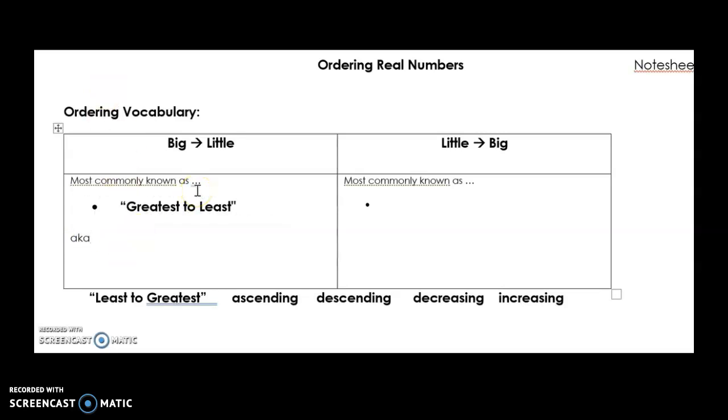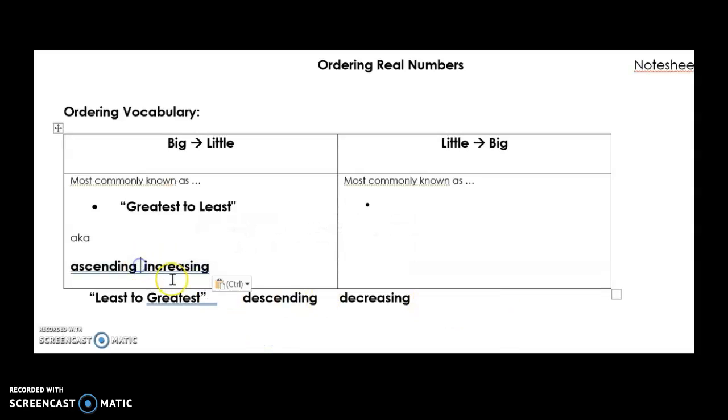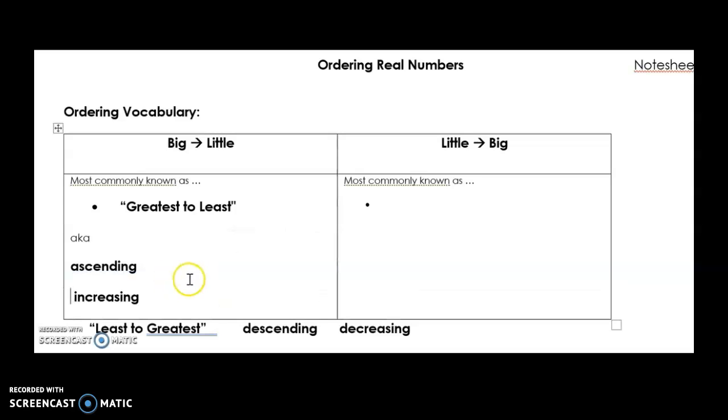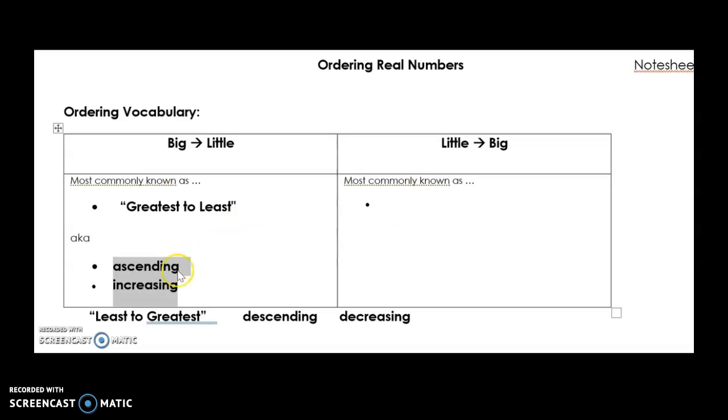So other words that mean from the biggest number to the littlest number are terms like ascending and increasing. So those are the words that insinuate that you're looking at putting them starting with the largest number first.